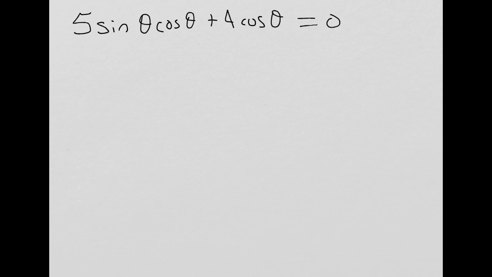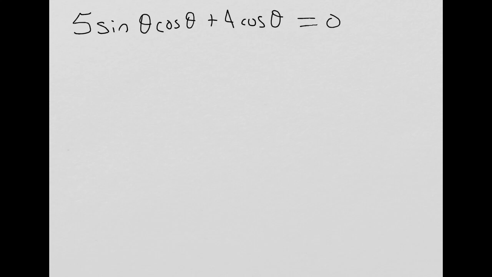But some of them don't look quite so straightforward. Suppose I had 5 sine theta cosine theta plus 4 cosine theta is equal to 0. For something like this, my standard add, subtract, multiply, and divide is not going to work very well.